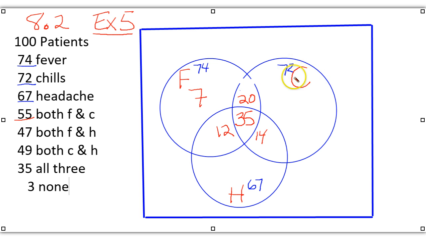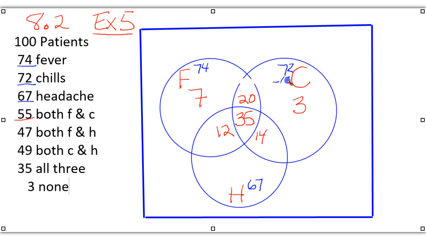And now we want to see how many just had chills here. So we're going to add these up now, 35, 20, and 14, and I get 69, that I will subtract from 72. Subtracted from 72, in red, that will give me 3.